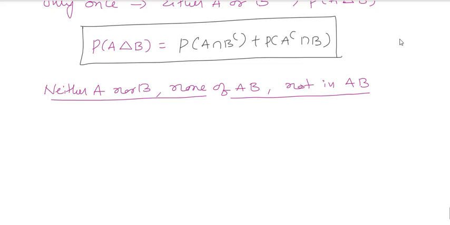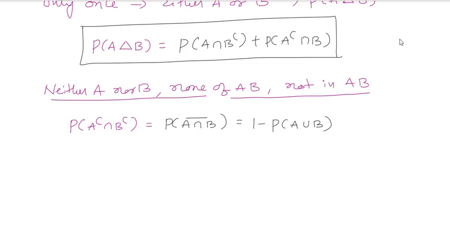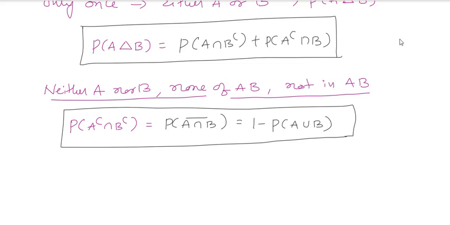In such a case, I represent it as probability of A complement intersection B complement, which is also probability of A union B whole bar, which is 1 minus probability of A union B. These are the different things you have to keep in mind to solve a problem. Sometimes they will ask you directly. These are the strategies. Clear with my point?